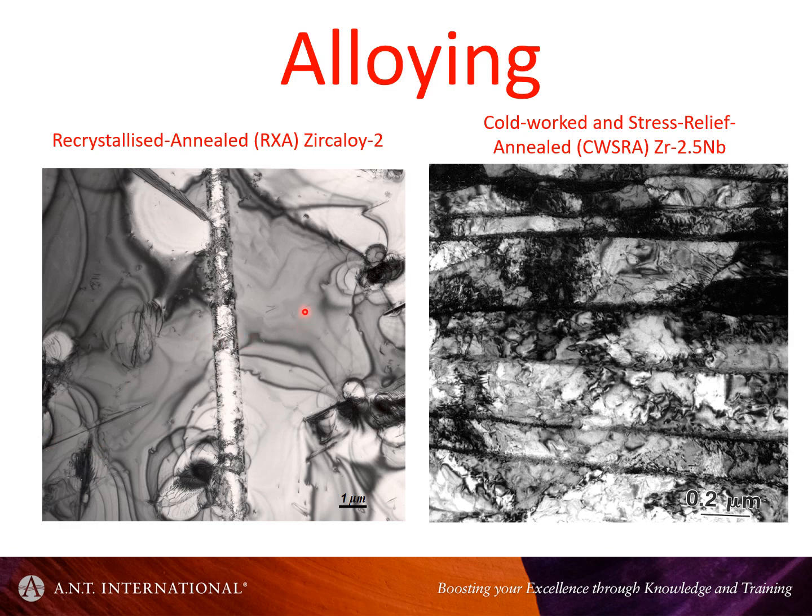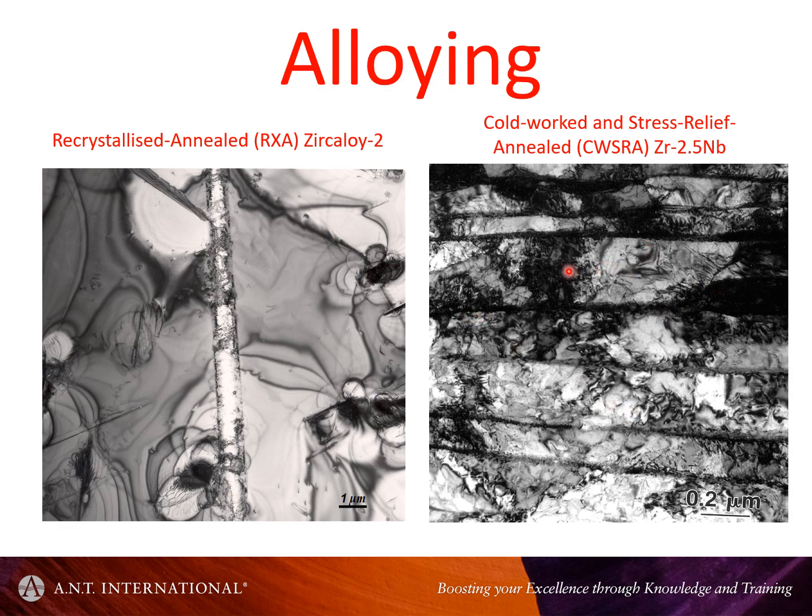Now, here's an example of a recrystallized annealed Zircaloy-2. That there is a twin. I'll talk about twins later. And here is an example of a typical cold work stress relief annealed material. Most cold worked materials are stress relief annealed to reduce any residual stresses. In this case, I'm showing an example with zirconium-niobium.